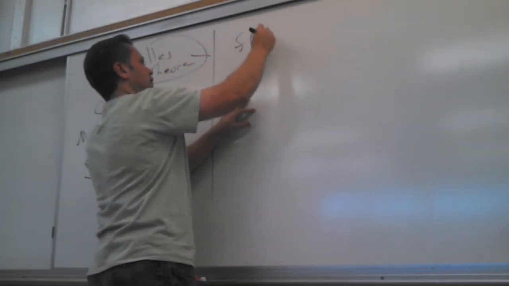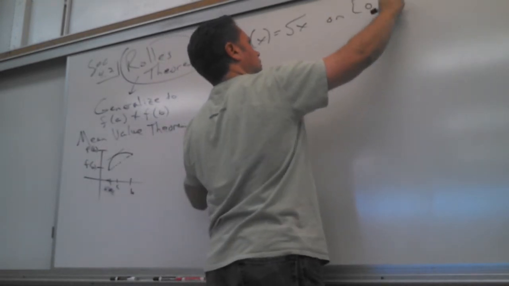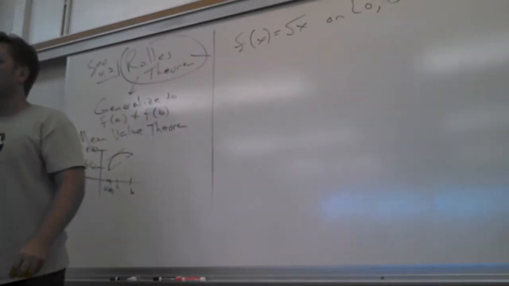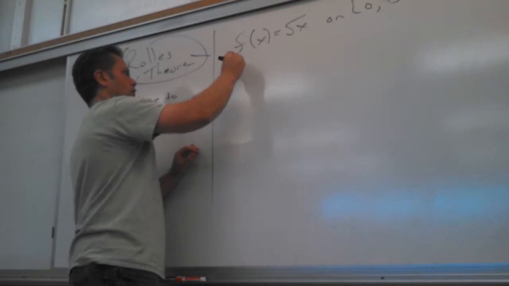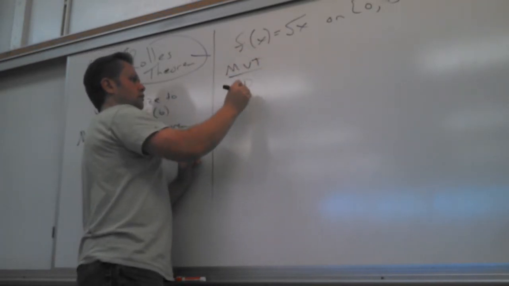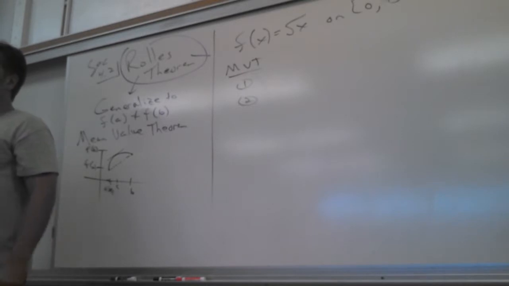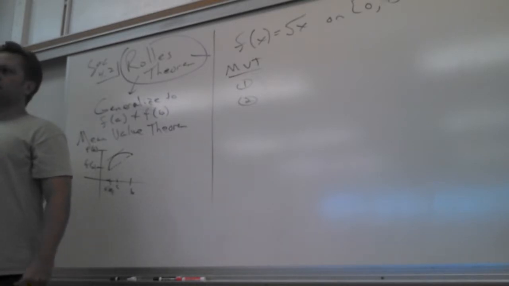So if I say okay, this on this, are the requirements met? What are the requirements for the mean value theorem? There's 2 of them. It's got to be continuous? Yeah, so radicals are continuous everywhere.